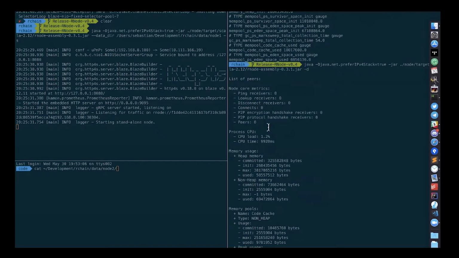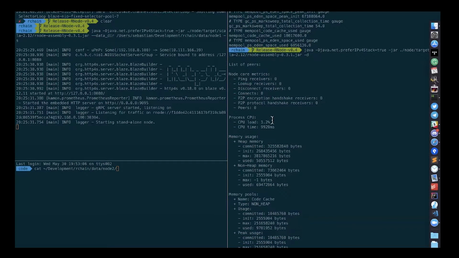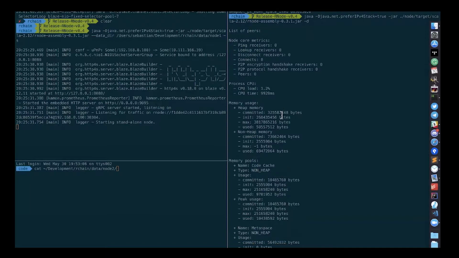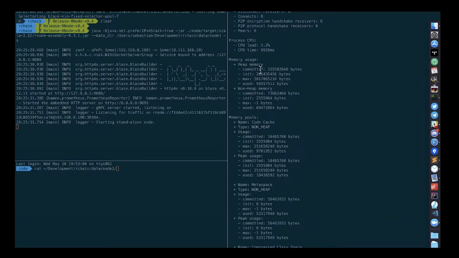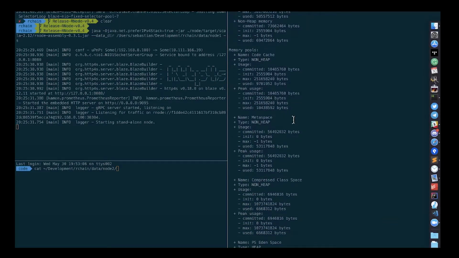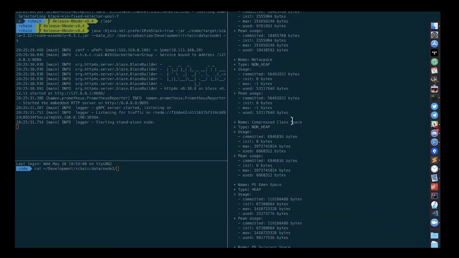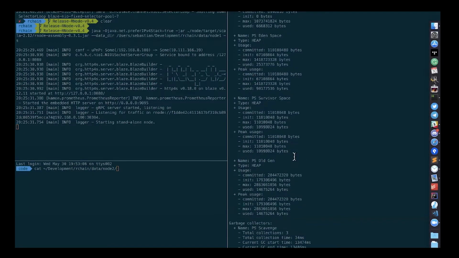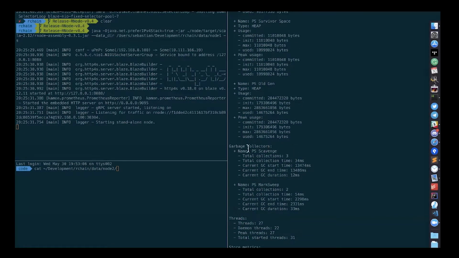So what we see here are the node core metrics: how many peers we have, CPU load, memory usage, heap memory, non-heap memory, memory pools, and so on. Then we have the garbage collectors, and finally the threads.